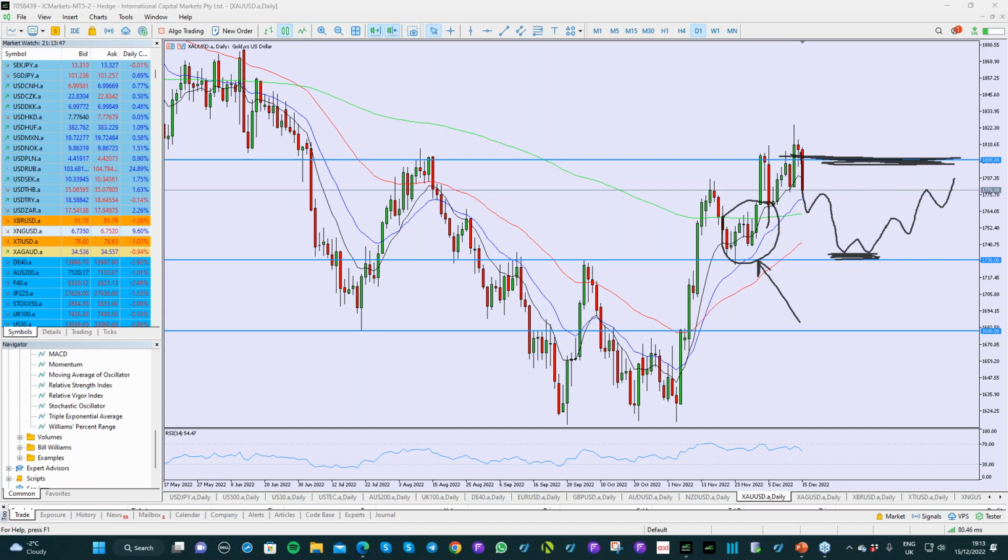But if price remains fairly close to that 1800 level, then I don't want to trade long into that level, because there is a chance that price could yet again see that level as horizontal resistance, and therefore I would be entering long beneath the resistance.